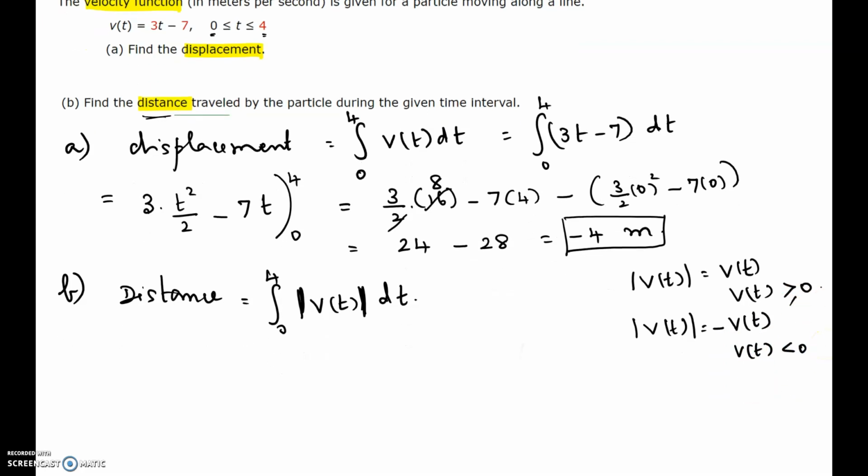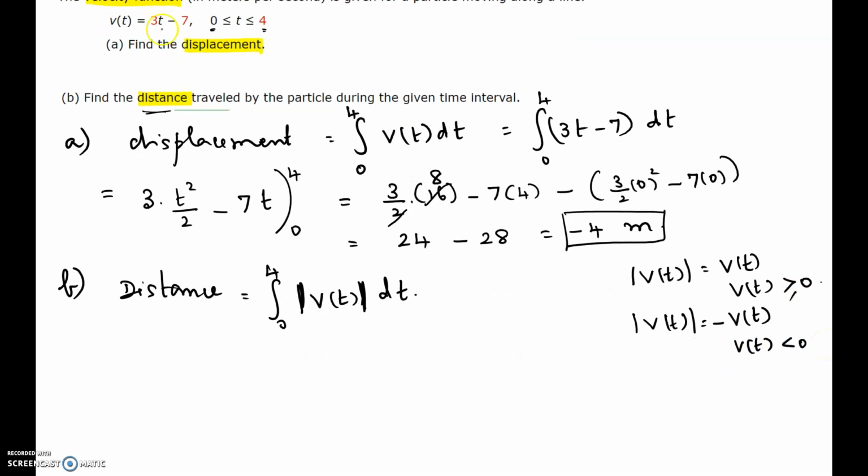Right? So v of t in this case is 3t minus 7, which is a straight line with y-intercept negative 7 and a slope. So it's going to look like this.